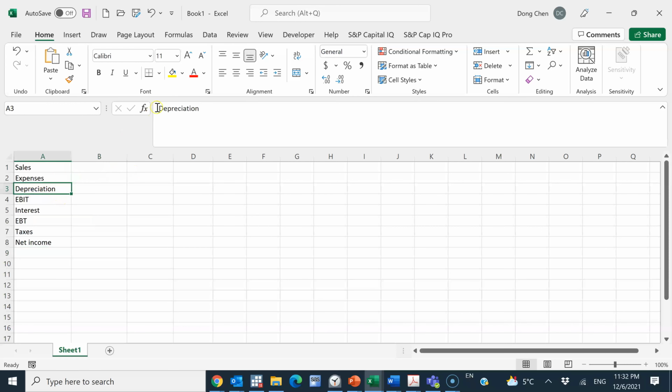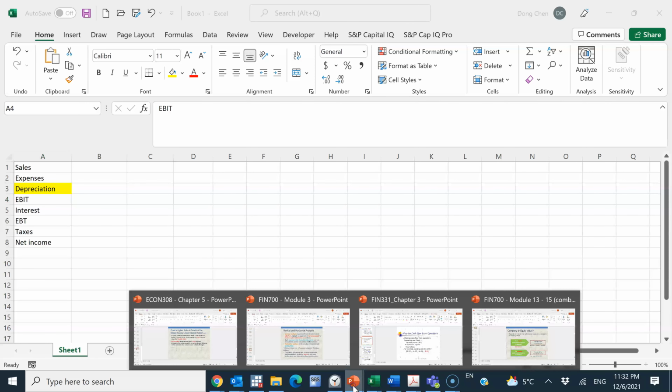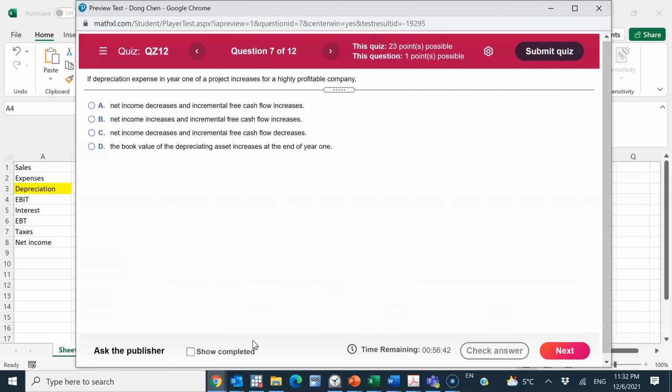So now if we increase this depreciation, we can imagine that EBIT will decrease, right, because we are deducting a higher number. But then the question also, if we go back to the choices, A is net income decreases and incremental free cash flows increases.